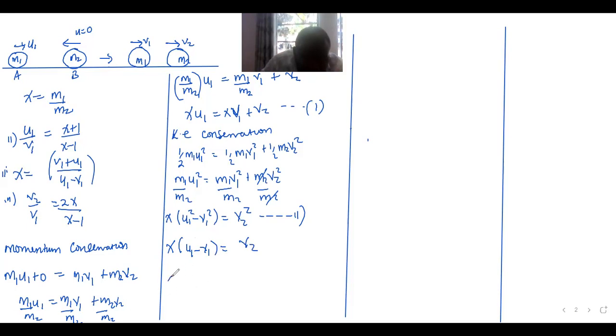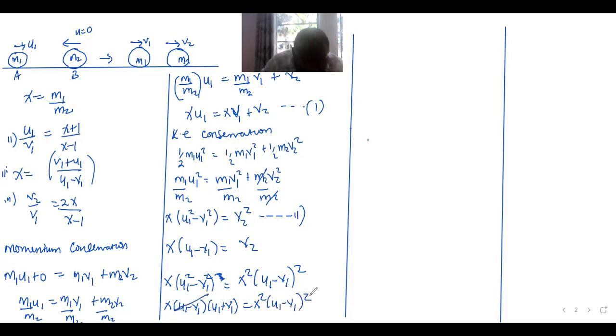So when you substitute, you'll have X into U1 squared minus V1 squared is equal to X squared into U1 minus V1 squared. But this one, when you expand, is the difference of two squares. So you get X into U1 minus V1 into U1 plus V1 is equal to X squared into U1 minus V1 squared.